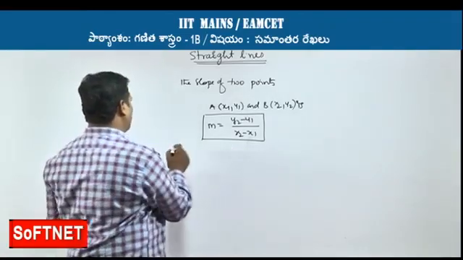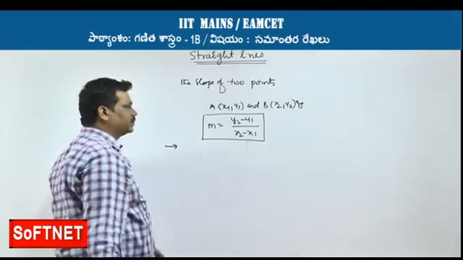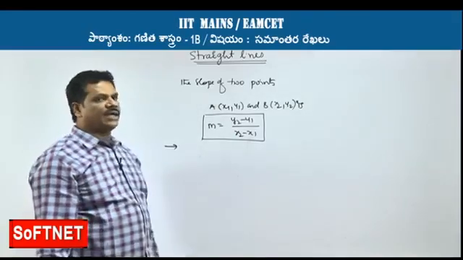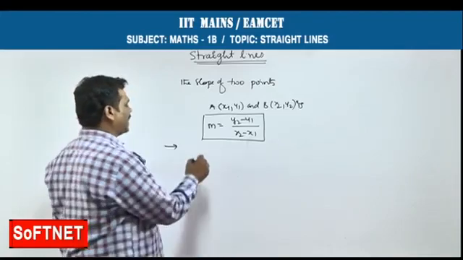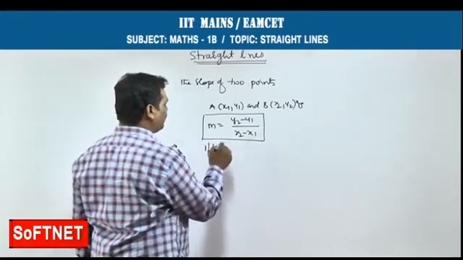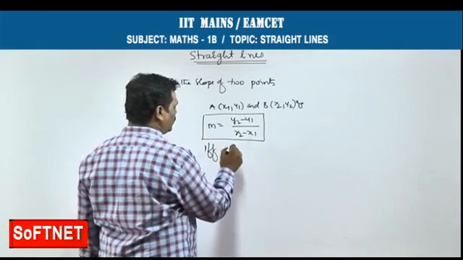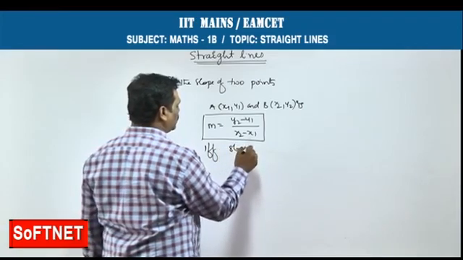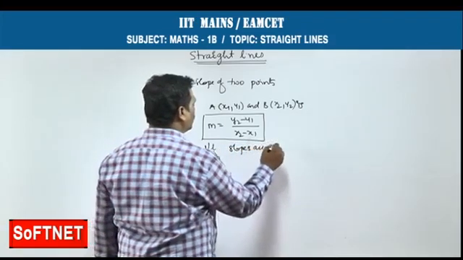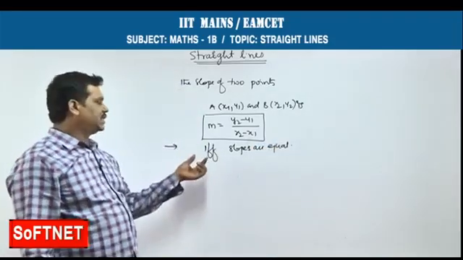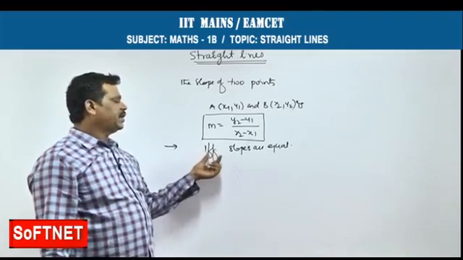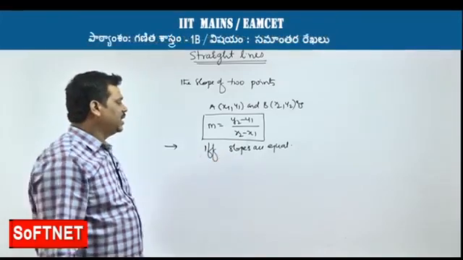Okay, next point is, two non-vertical lines are parallel if and only if their slopes are equal.